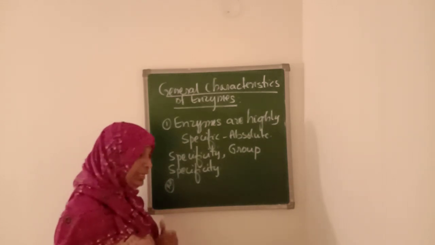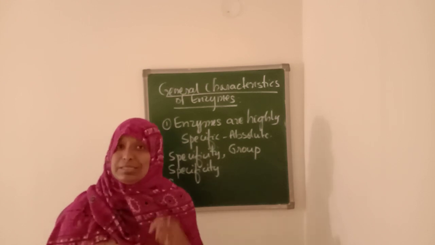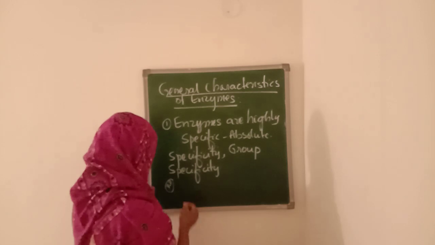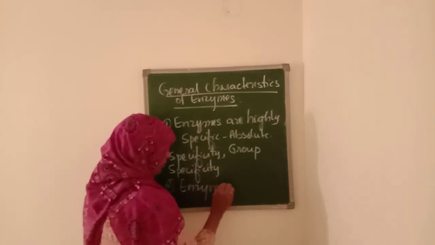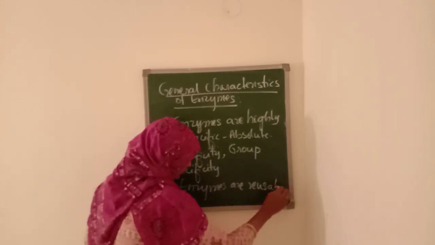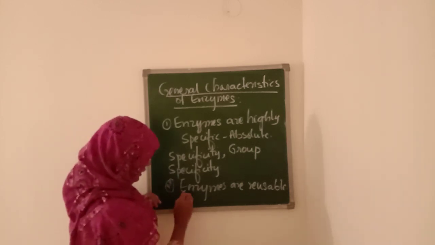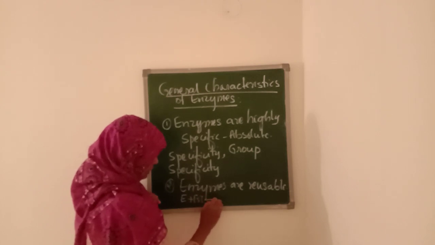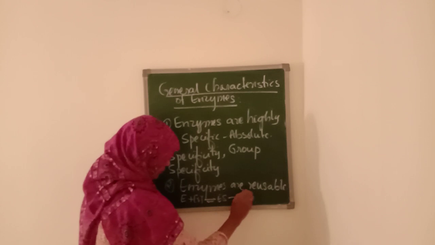The second important thing: how do you define a catalyst? A catalyst is not used up by the reaction. So here also, the enzyme is reusable. Reusable means that once the reaction is completed, for example, you have an enzyme and a substrate, an enzyme-substrate complex is formed and then the product is formed.